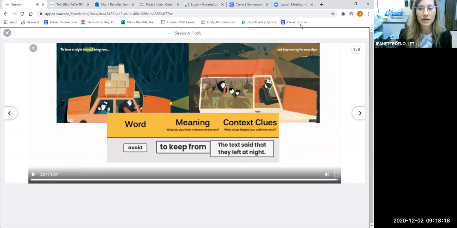All right, great job focusing to see another example of how readers can determine the meaning of an unknown word by using our background knowledge, other words in the text, or pictures in the text.